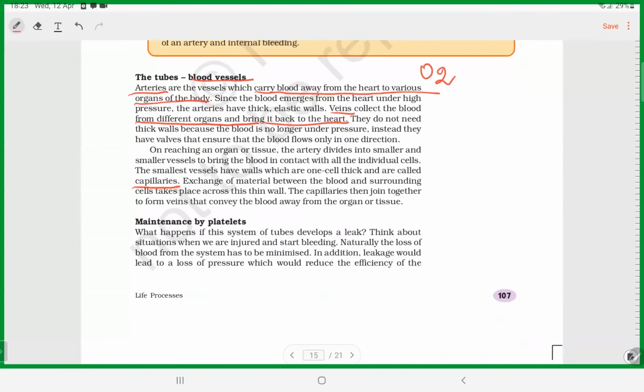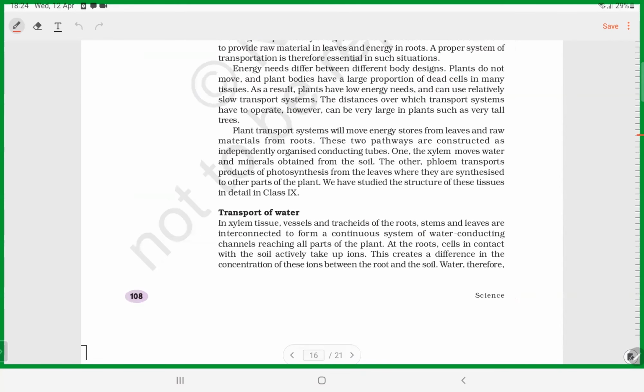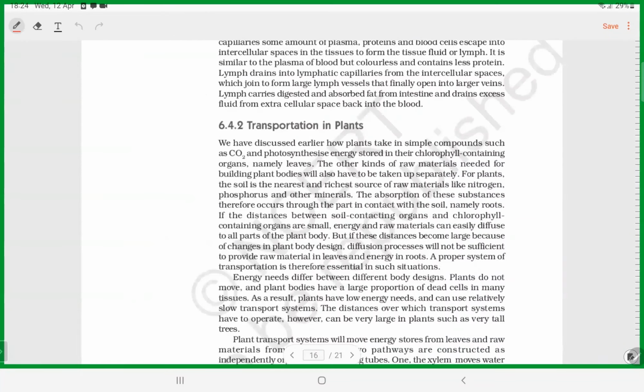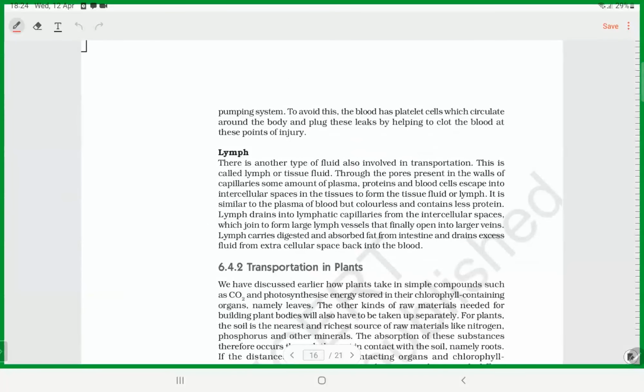What is the function of other cells? Basically we discussed. Blood cells' function, you know that, right? What are platelets? What are called platelets? Clotting factor.